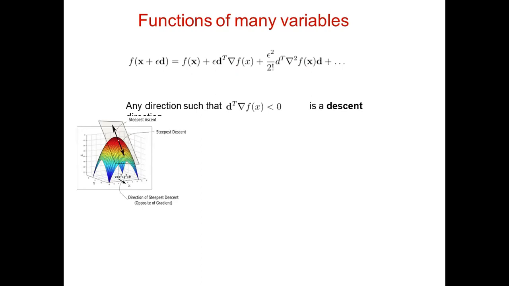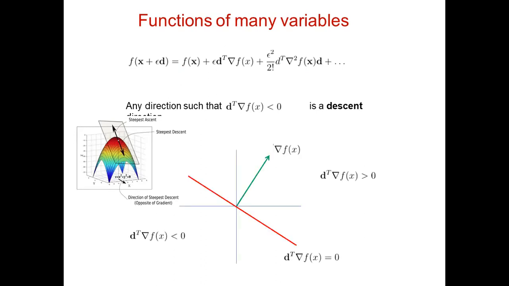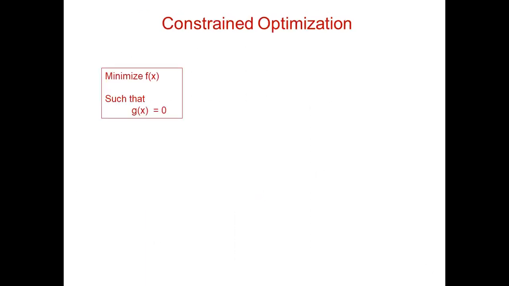So any direction such that the derivative times the gradient of the function is negative is the descent direction. You can see that the red line shows that the derivative in that direction, the transpose of d times the gradient of the function, is 0, and it's positive in the upper half space and negative in the lower half space.